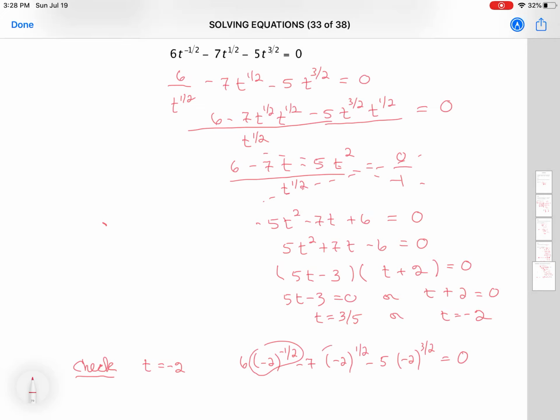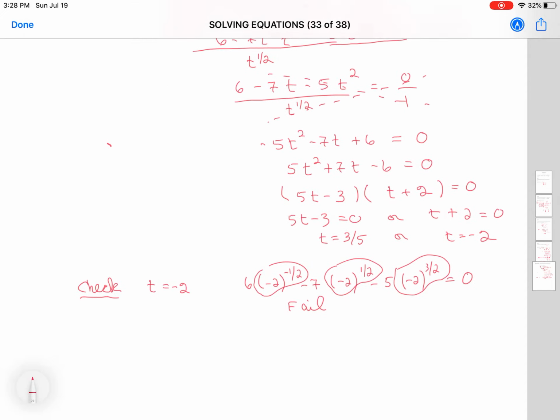Yes, because we are taking not 1, not 2, but we are taking 3 square roots in here, and you cannot take the square root of a negative number, that does not exist. So poor little t equal minus 2 fails as an answer. So that does not work.